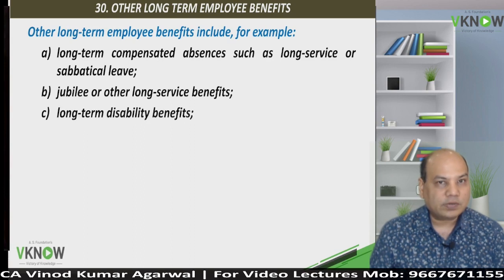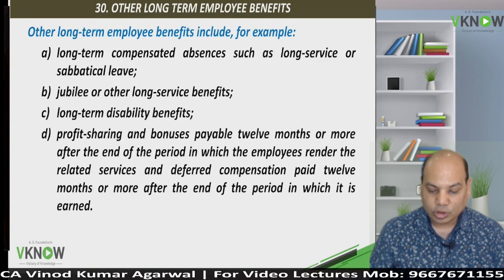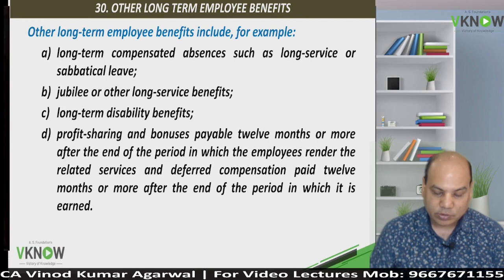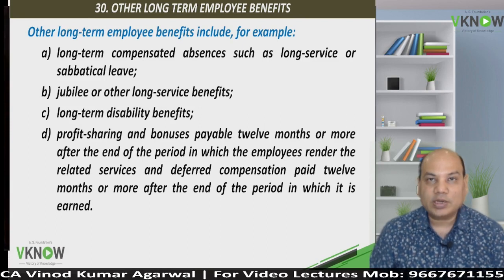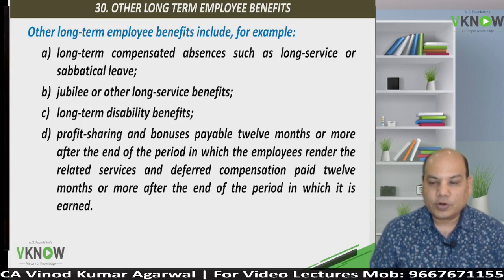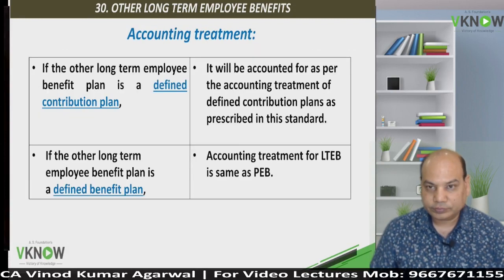Examples we have already covered, like long-term compensated absences, already discussed in the first lecture. Jubilee or other long-term service award, long-term disability benefit, profit sharing and bonus if they are payable more than 12 months from the balance sheet date.